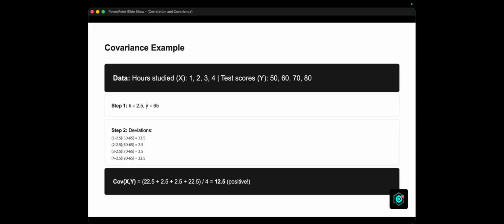Now, let me tell you this in another way. You see the values of the data here. The values are not normalized, right? So what do we mean by normalized? These are 1, 2, 3, 4, and these are 50, 60, 70, 80. So there's a big gap or a big difference between them. The covariance method is highly dependent on the data and how the data is represented.